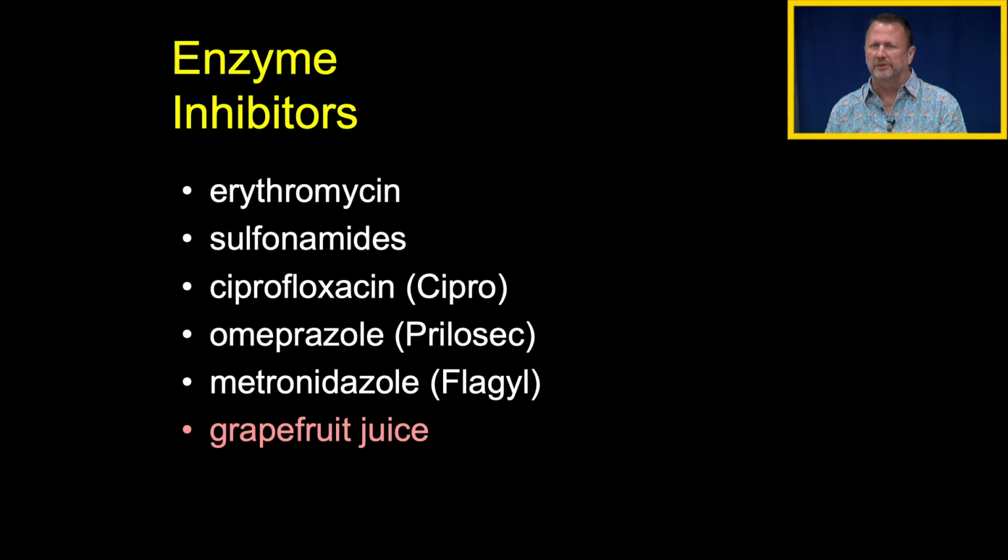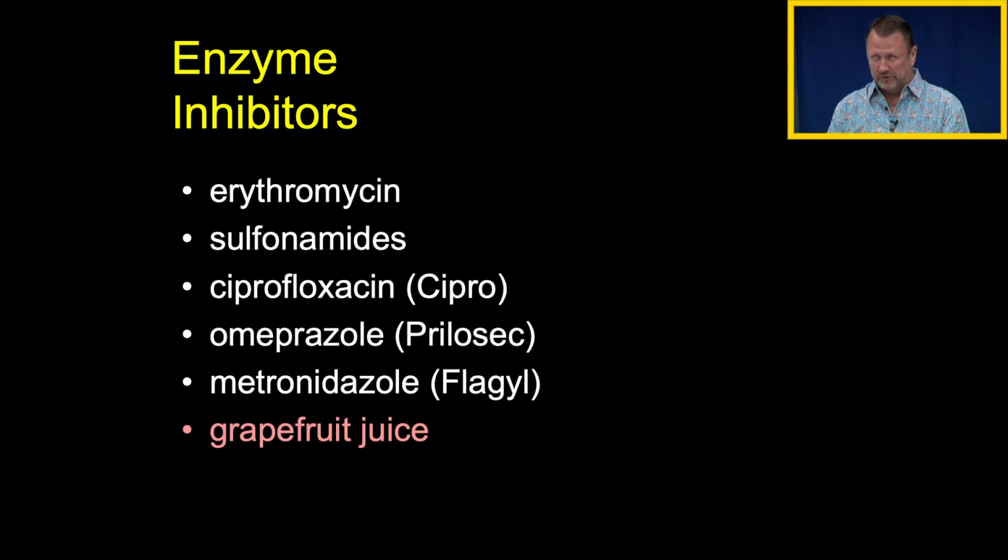The sulfonamides, commonly used in diabetes, at least they were commonly used in diabetes. Ciprofloxacin, an antibiotic. Omeprazole, Prilosec, commonly used in the hospital, is an enzyme inhibitor. Everybody who comes to the hospital ends up on some H2 blocker, and Prilosec is an enzyme inhibitor. Metronidazole is a type of antimicrobial agent. It's an enzyme inhibitor. Grapefruit juice.